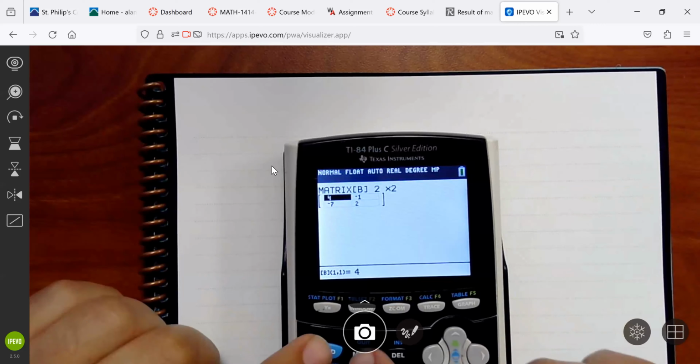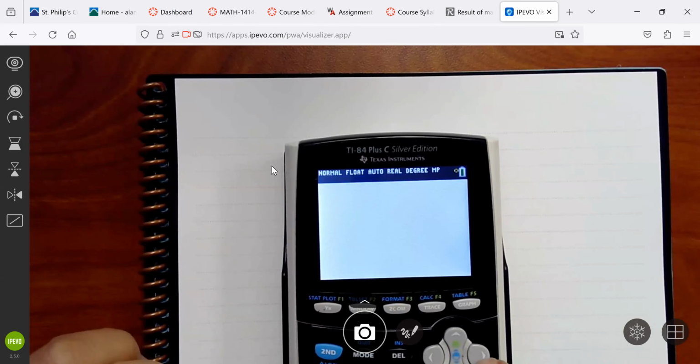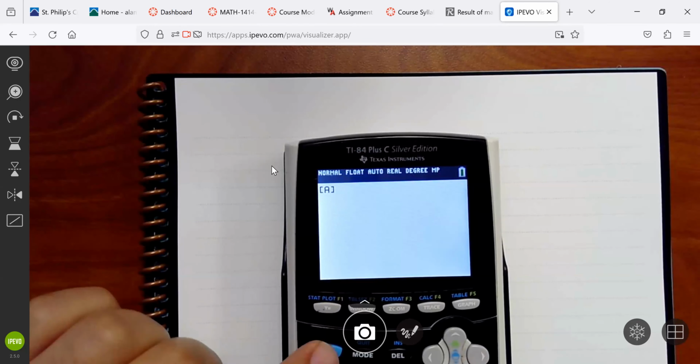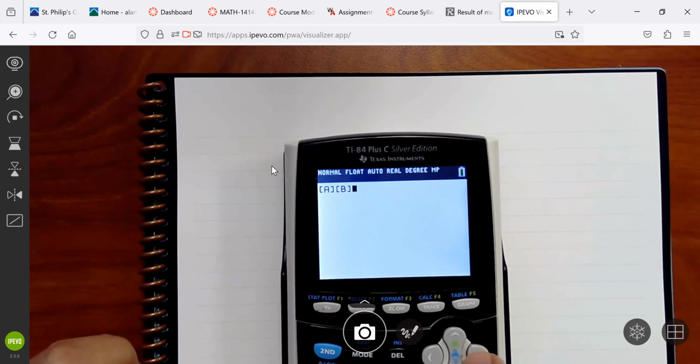All right, so there we go. Once they're in there, multiply them like this. You should get the identity.